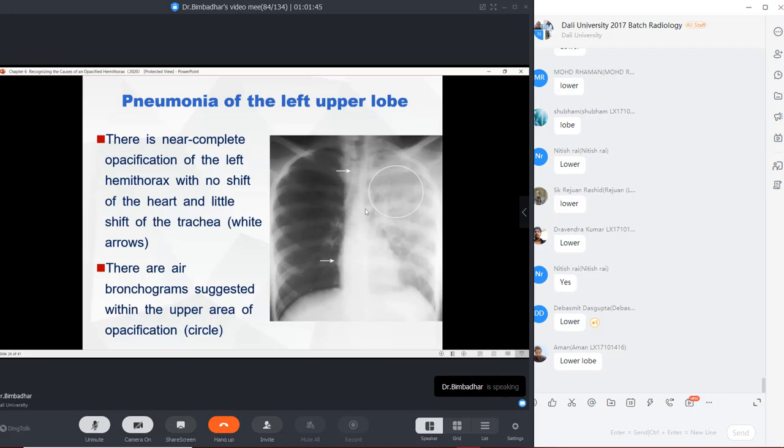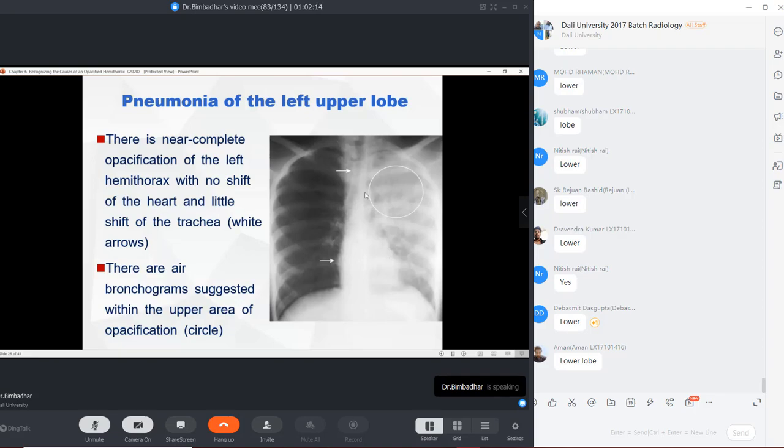An air bronchogram pattern is nothing but a radiolucent bronchus present within a consolidative opacity. That is what we learned in the definition, right? So I can see the bronchus as a radiolucent density within the hyperdensity or radio-opaque shadow, which is consolidation. So I call it an air bronchogram pattern.